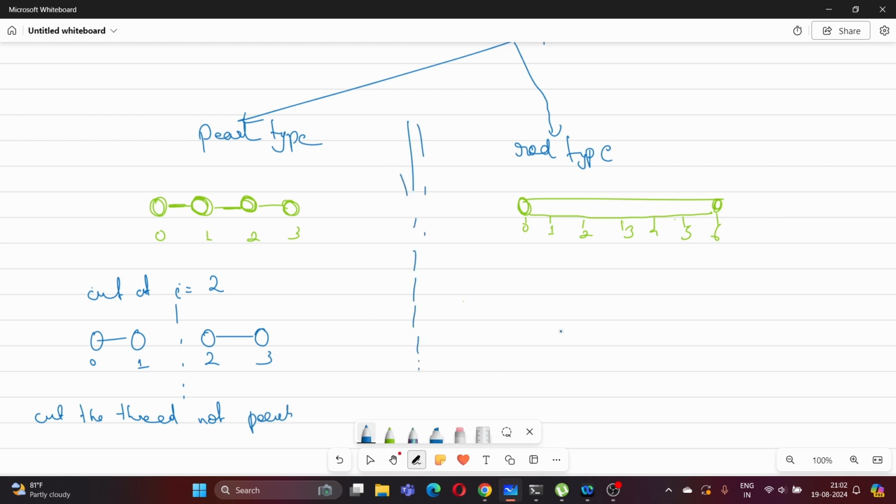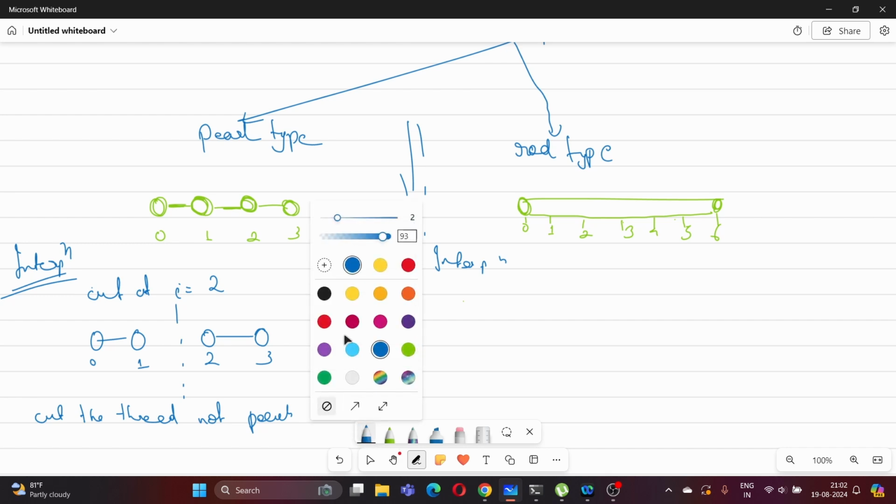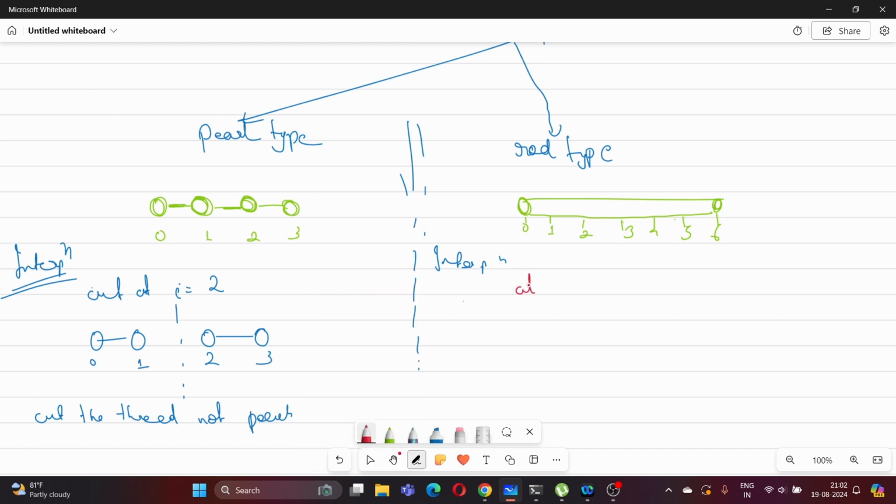Now let's understand what cut means here, the interpretation. Cut at I equal to 2.